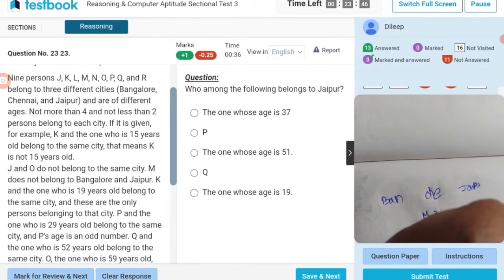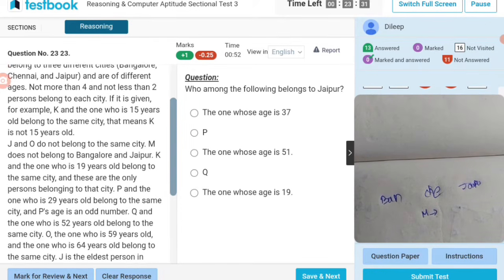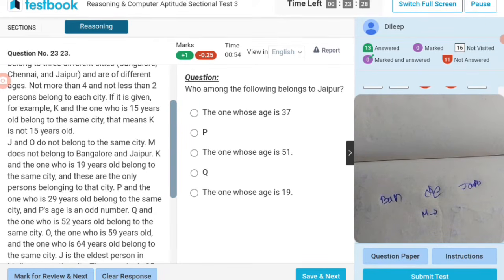K and the one who is 19 years old belong to two persons. P and the one who is 29 years old belong to the same city. P is an odd number. Q and O.